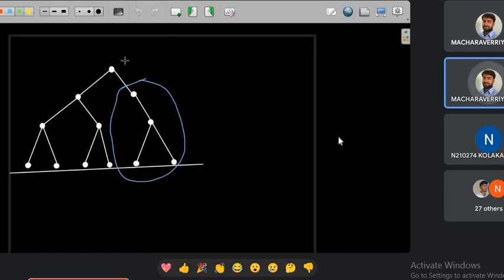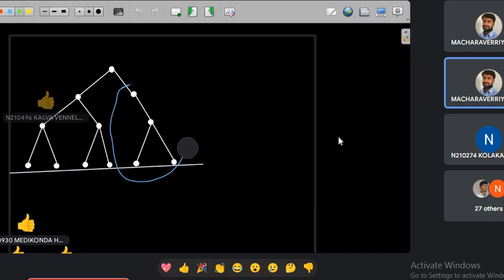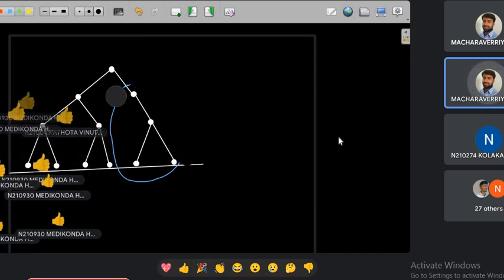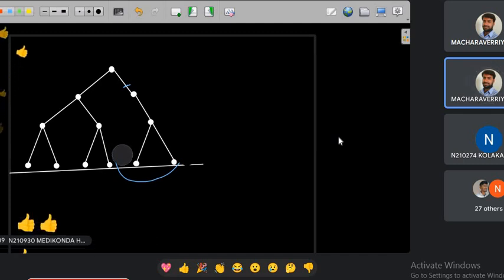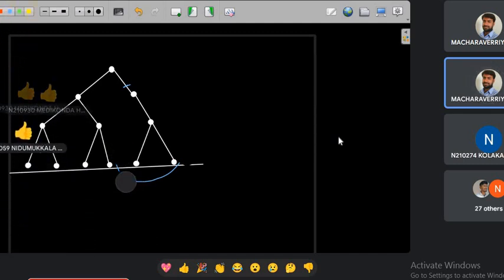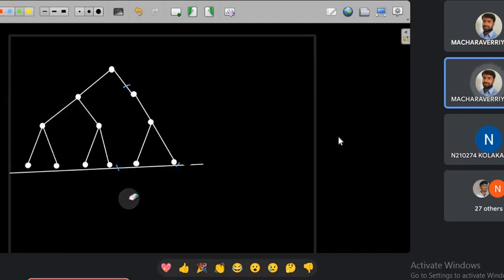Now how about this tree? Is it a balanced tree? Now what do you think of the right subgraph? So is it balanced or not balanced? Yeah, right. Anyway, this is a rooted m-ary tree only. I'm not talking about a full m-ary tree.